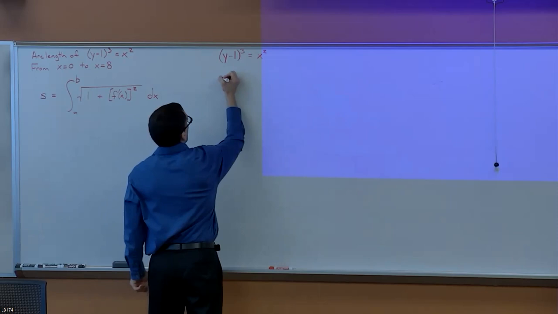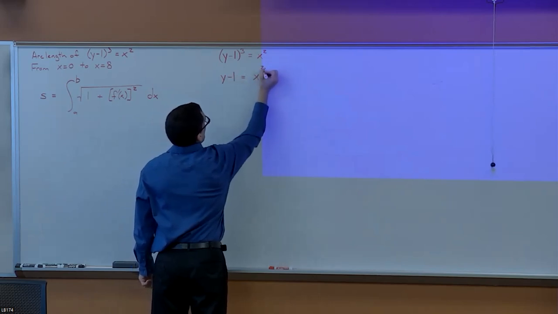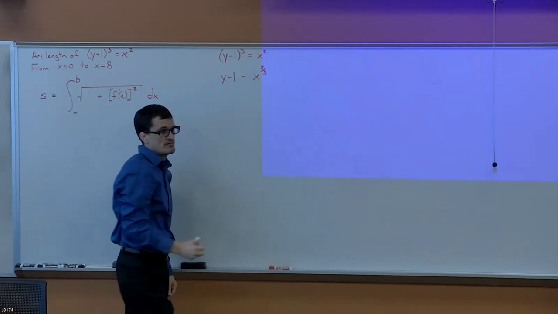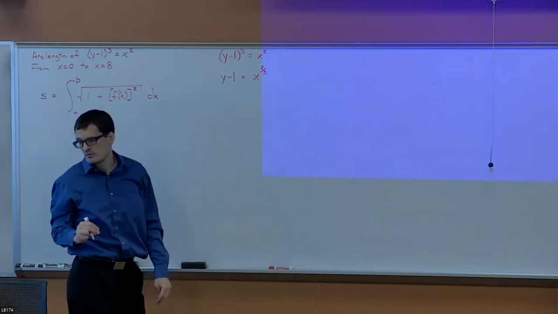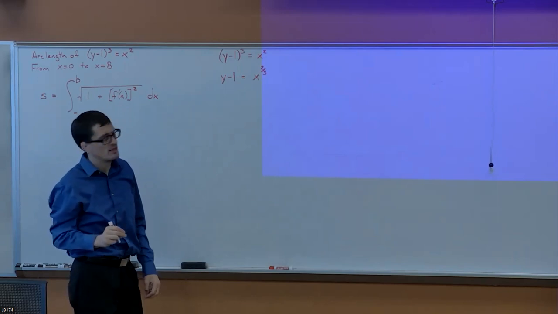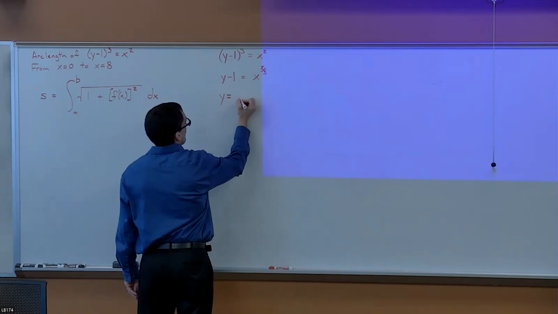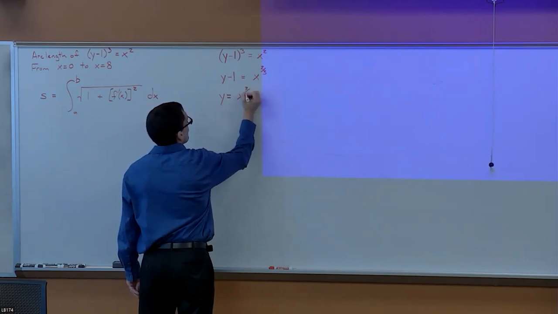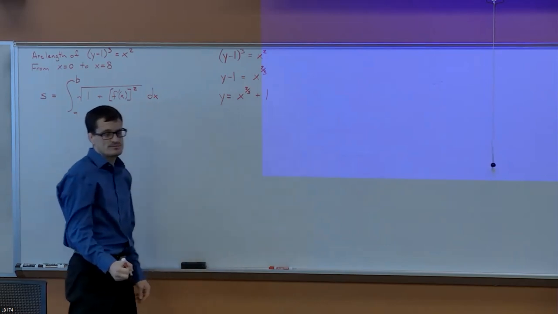So that would mean I take y minus 1 is equal to x to the 2/3 power. If I take 1/3 power to each side, does that make sense? Take 1/3 power to each side, and then add 1 to each side. I get y equals x to the 2/3 power plus 1.